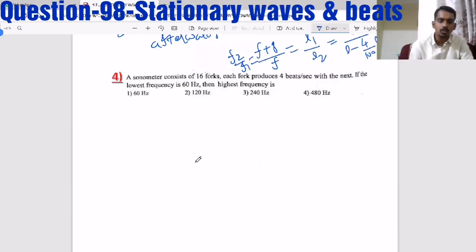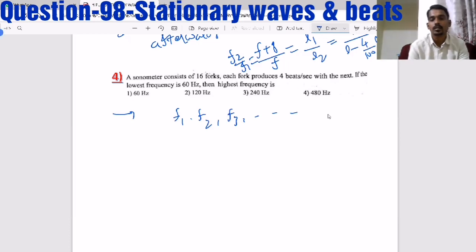Now, next question. A sonometer consists of 16 forks. Each fork produces 4 beats per second with the next. So 16 are there: F1, F2, F3, and so on up to F16. If the lowest frequency is 60 Hertz, find the highest frequency. F1 is 60. Now, F2 will become 60 plus 4.